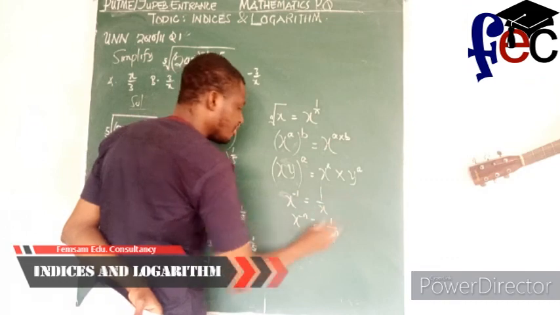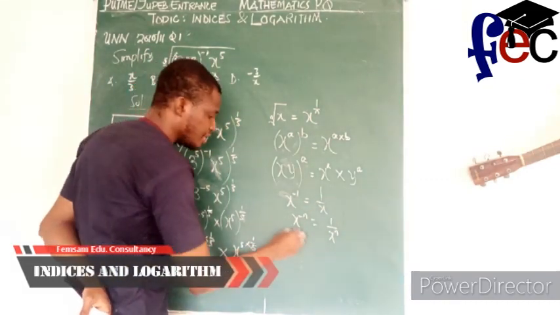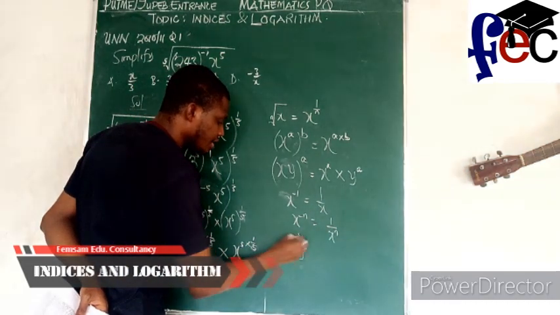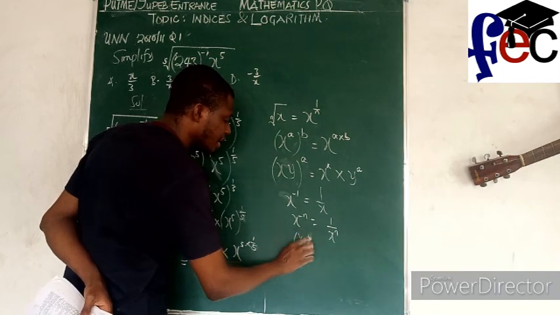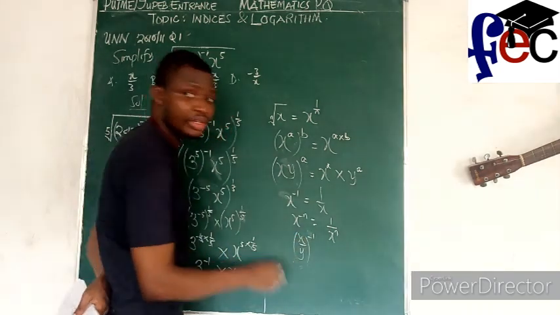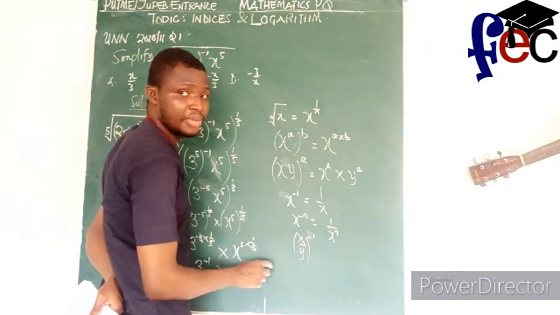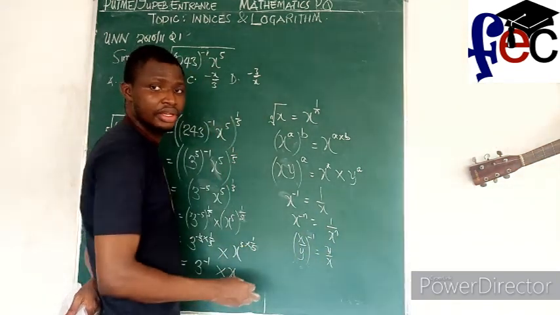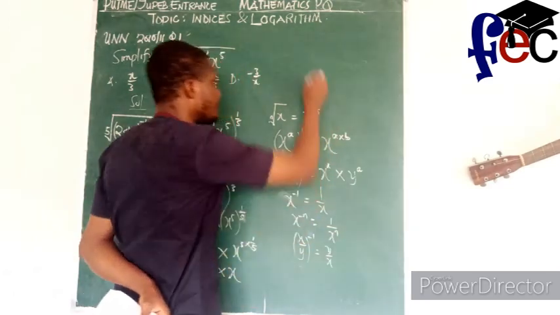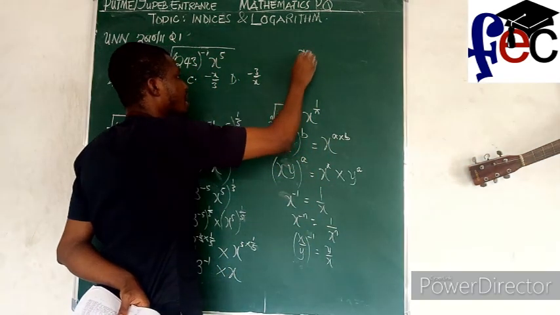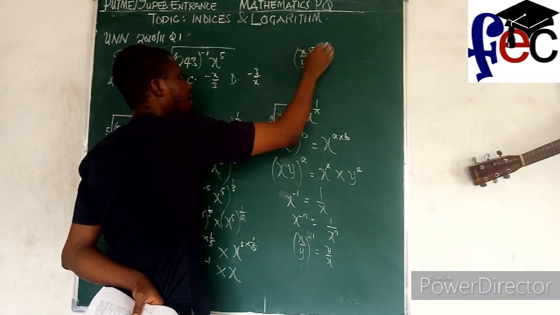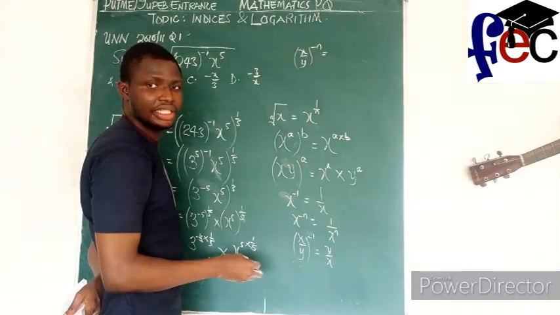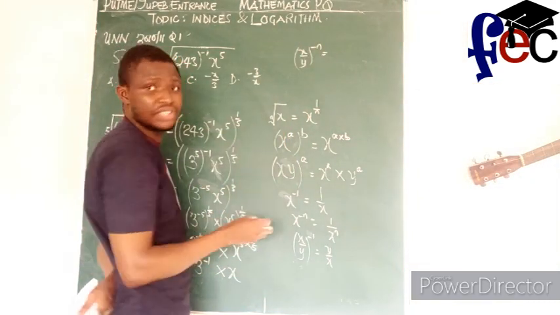And where we have a fractional base, x over y, all raised to power minus 1, this will give us, just invert the base, y over x, that's all. And where it is x over y, all raised to power minus n, just invert the base, take the reciprocal of the base. That's what the negative sign indicates.